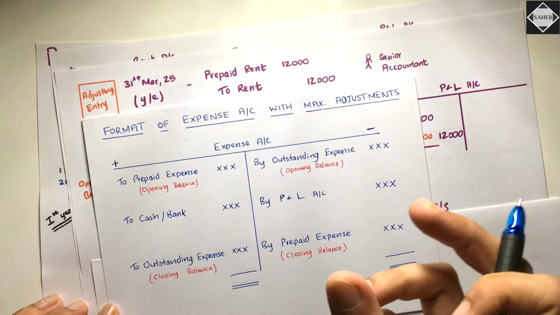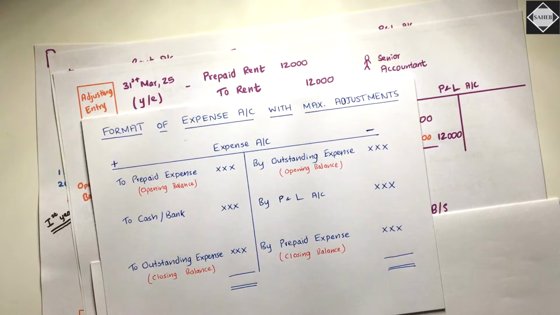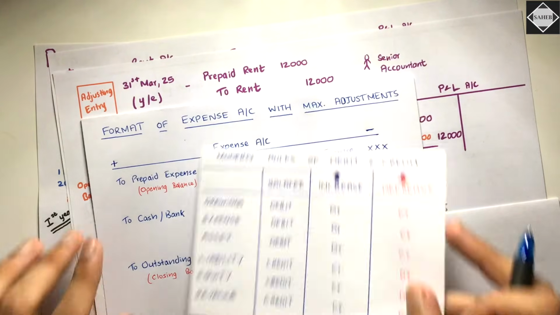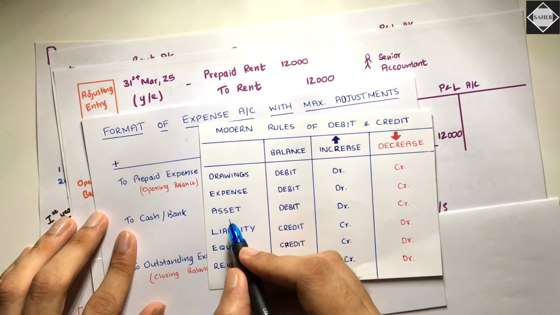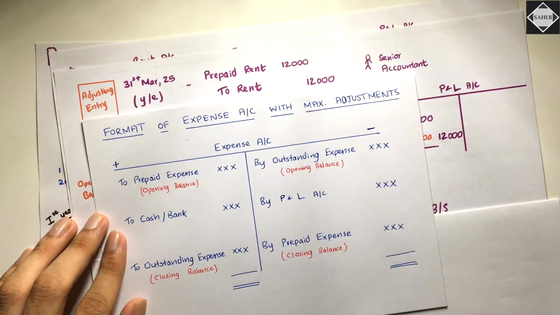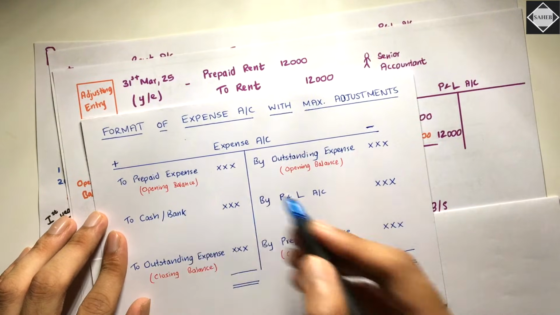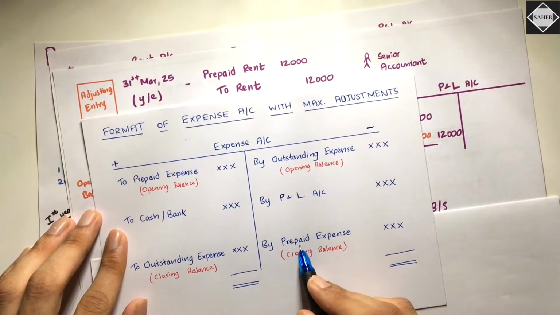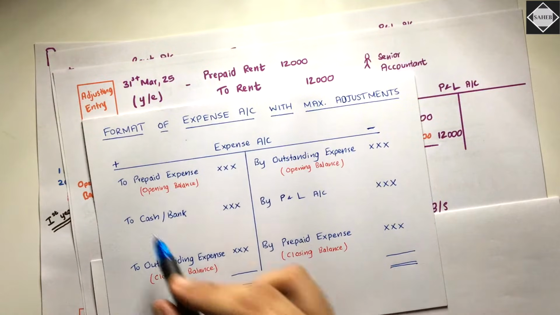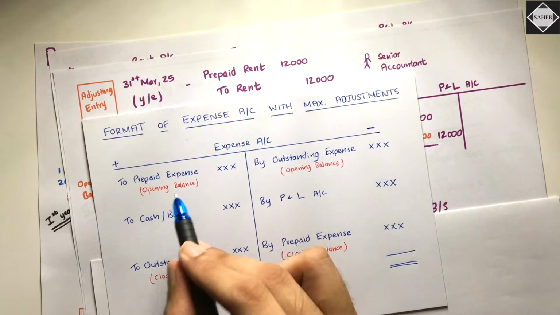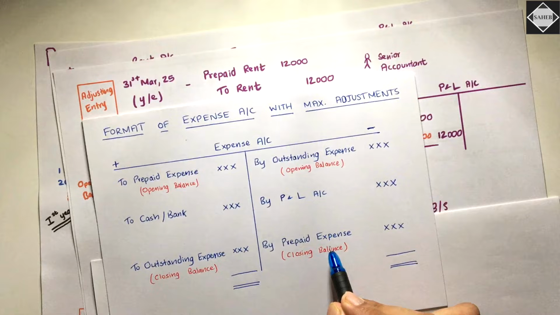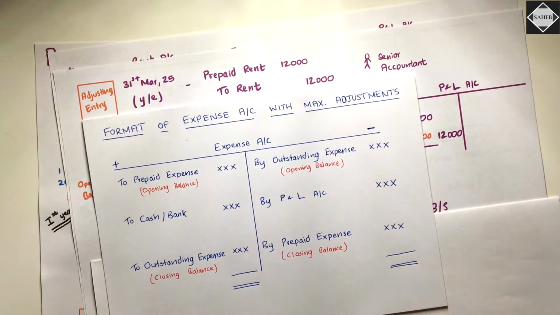Now prepaid expense is an asset, so the opening balance will be on the debit side and the closing balance on the credit side. And you have to understand, the opening balance is caused by the reversal entry, which happens at the beginning of the year, the first day of the accounting period, and the closing balance is caused by the adjusting entry, which happens at the year end.